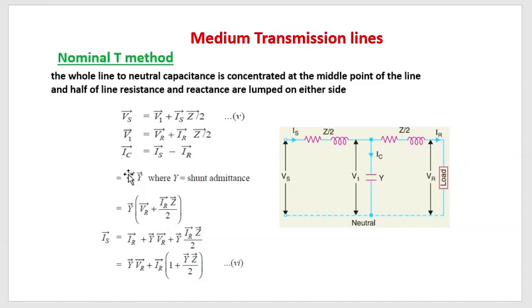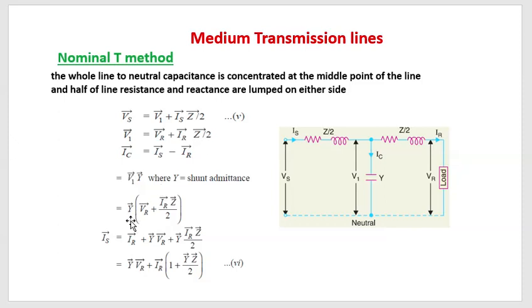And again we have IC is equal to V1 into Y, where Y is the shunt admittance, and from this we put the value of V1, which is VR plus IR into Z over 2, and we get this equation.